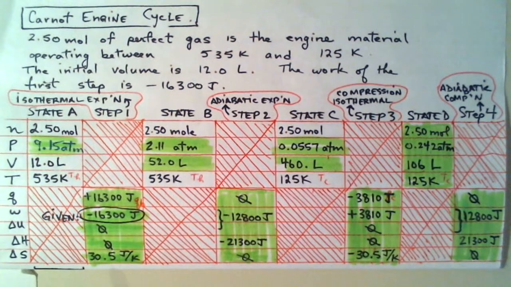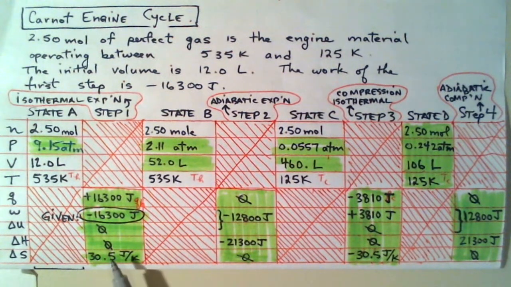So, delta S for the whole cycle, this plus this plus this plus this, and it should be 0 for the cycle because it's a state property. Similarly, delta H should be 0 for the cycle, and if I add it up, it gets to 0. Delta U, same thing. Great.